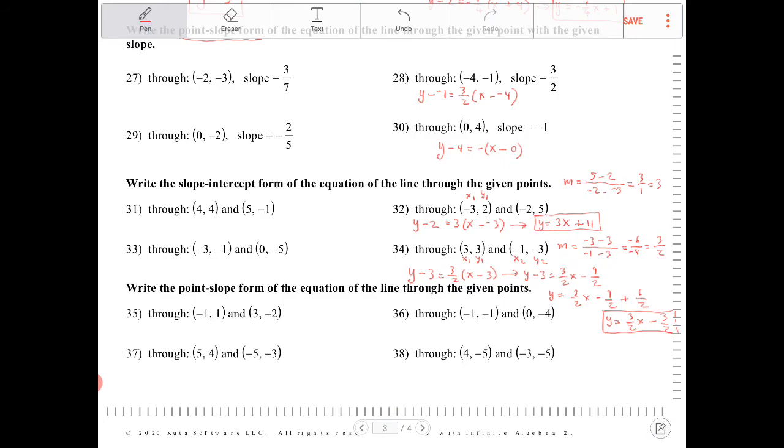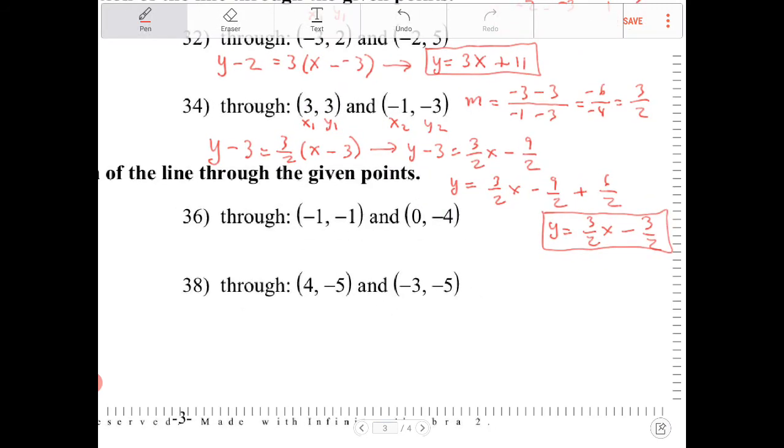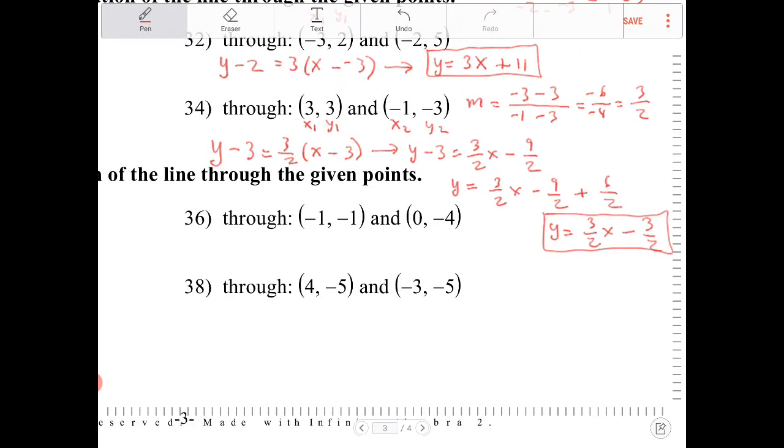Which brings us to the very last two questions here, and you're going to see why when a question asks you to leave the equation of a line in point-slope form, this is many, many times easier. So we're going to write the equation of this line. Let's do number 36 first. I see here that this is that x1, y1, x2, y2. We're going to find out what the slope is.